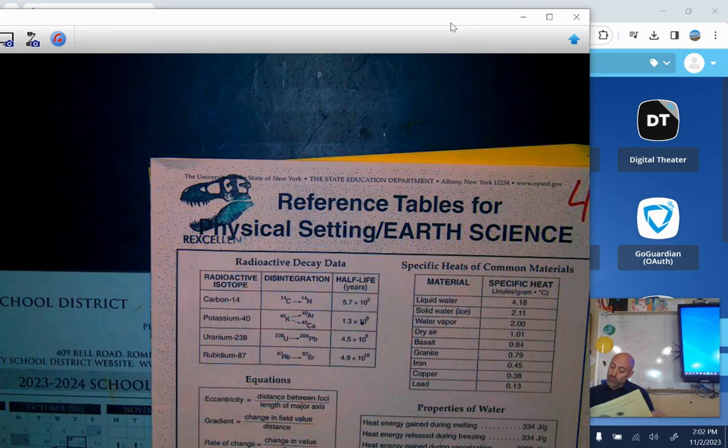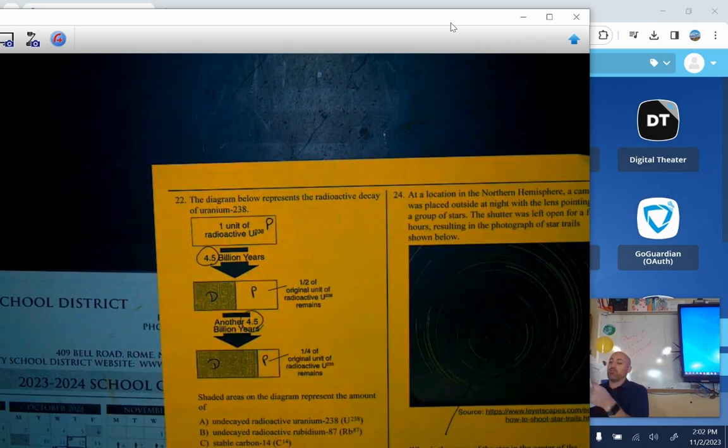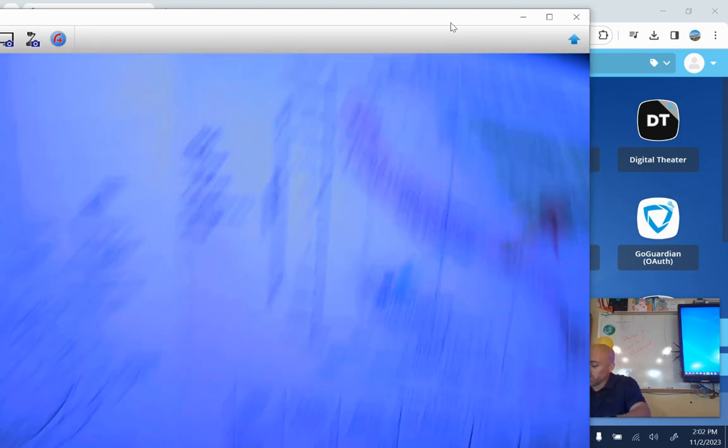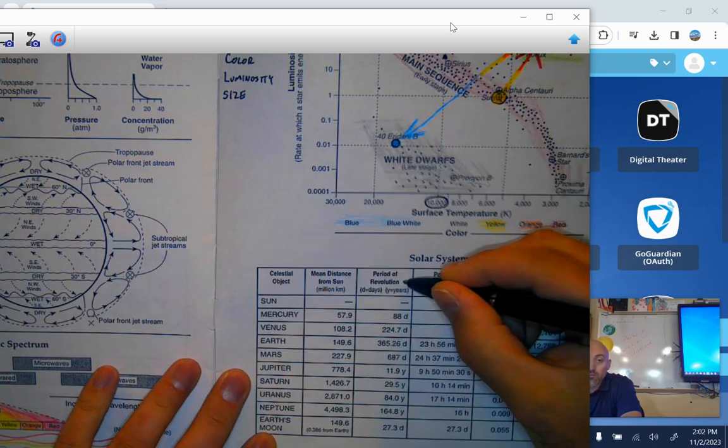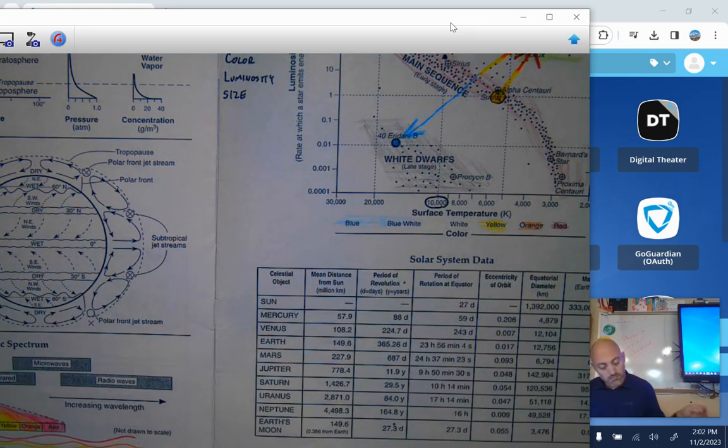New moon to new moon is 29.5, but the moon's period of revolution is 27.3. The rate isn't asked. So the moon's closer. That's why it causes more tides than the sun. There's a data table to analyze there.